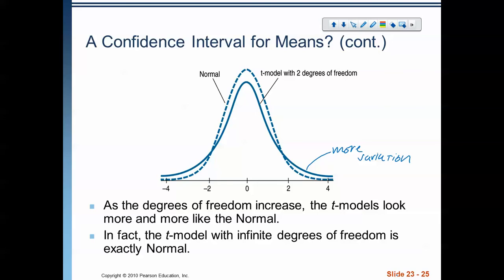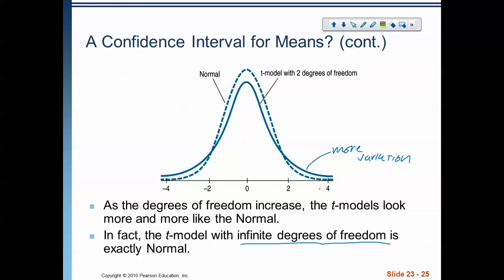What that means is that this has more variation. As the sample size increases, which means as your degrees of freedom increases, that amount of variation will decrease. As the degrees of freedom increases, it starts to look like the normal model. In fact, if you have infinite degrees of freedom, it is exactly the normal model.